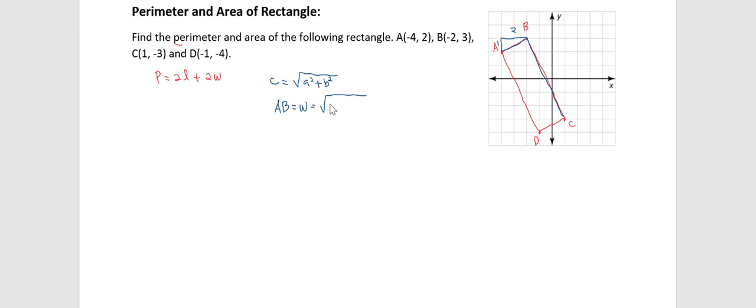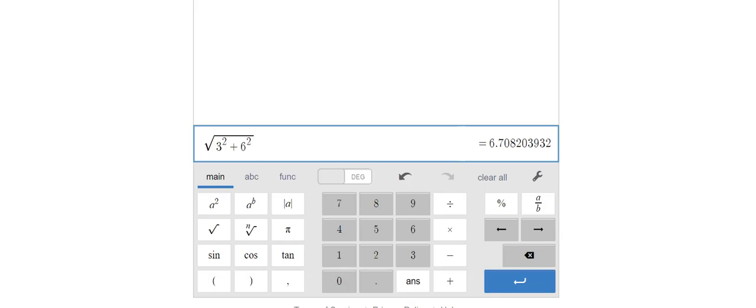So this gives us the square root of 1 squared plus 2 squared, which is approximately equal to 2.2.